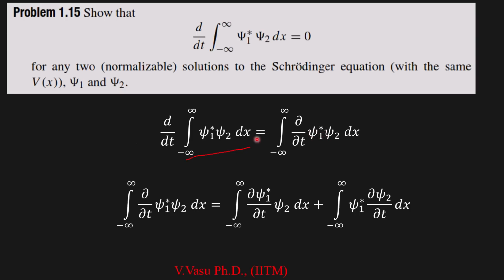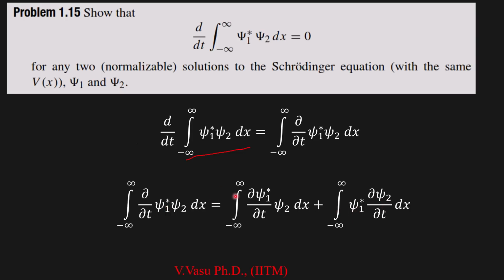That is the integral between minus infinity and plus infinity of the partial derivative with respect to time of psi 1 star psi 2 dx. This can be written by first differentiating psi 1 star while keeping psi 2 as it is, then keeping psi 1 star as it is and differentiating psi 2.